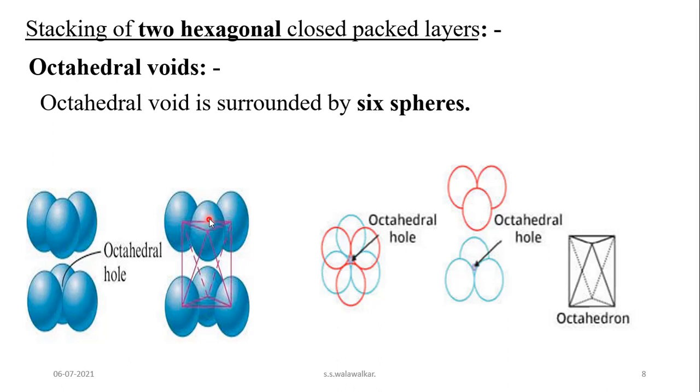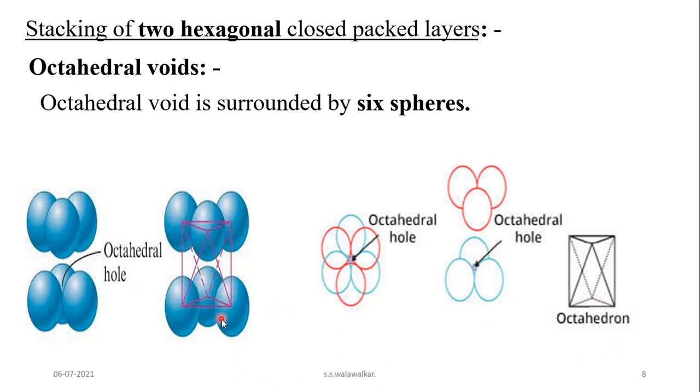the sphere which remains on this side is joined to these 4 spheres, and the sphere which is on the back side is also joined to these 4 spheres. If the centers of all these spheres are joined in such a way, then we get what?